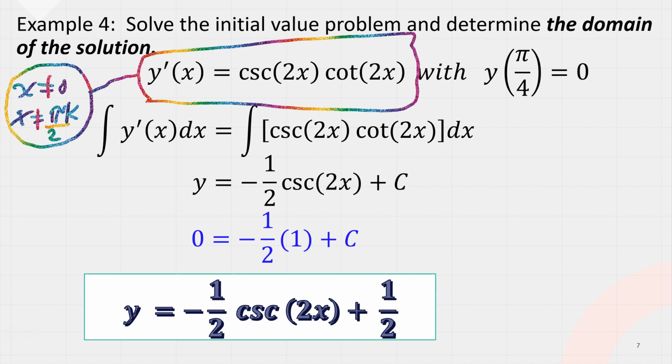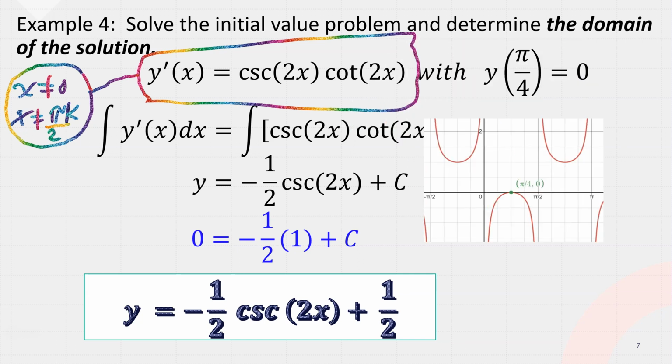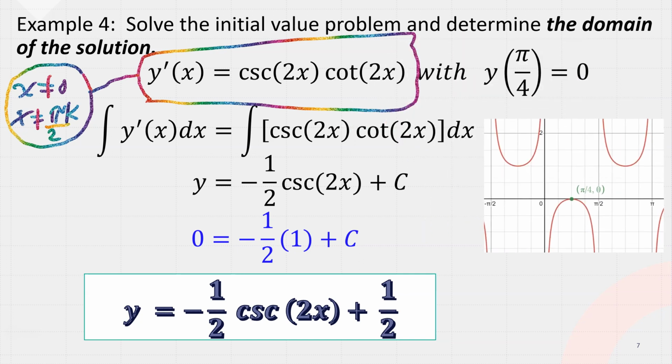So we know that that divides up the graph of our function, negative 1/2 cosecant of 2x plus 1/2, right? Looking at the graph of that function, it has many branches, right? You have an interval from 0 to pi over 2, and then another from pi over 2 to pi, and another.